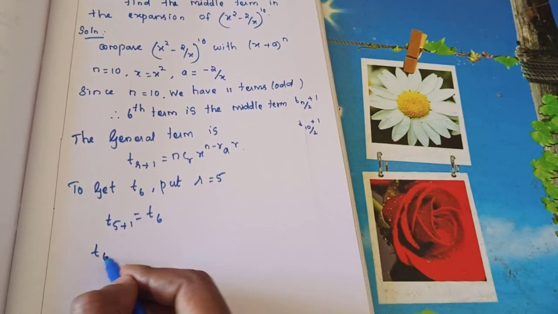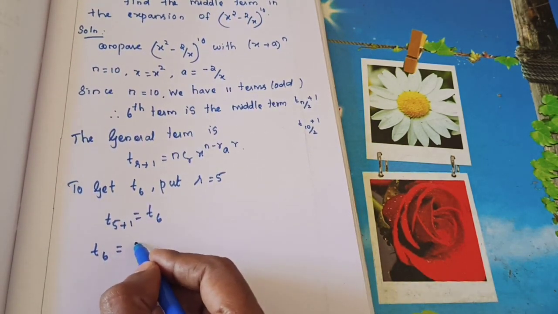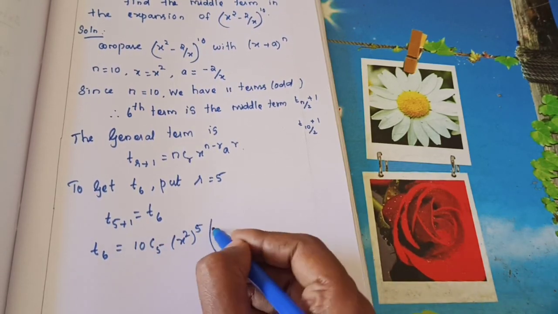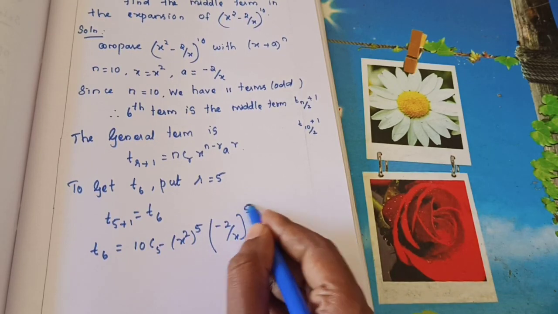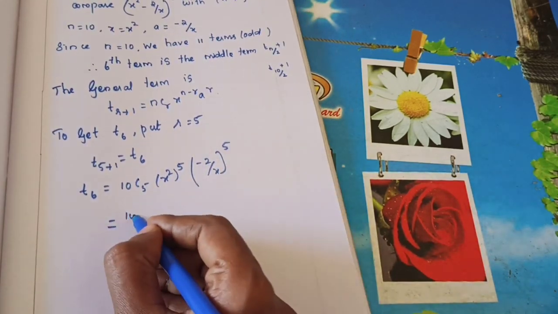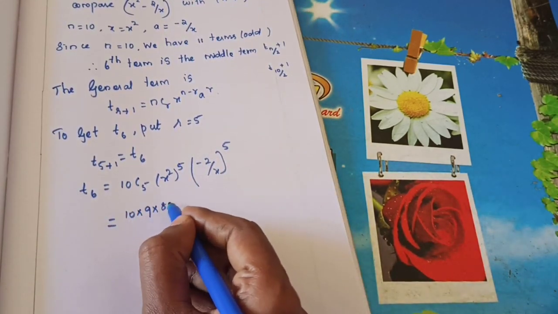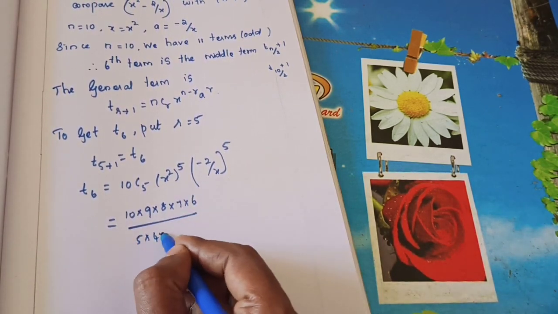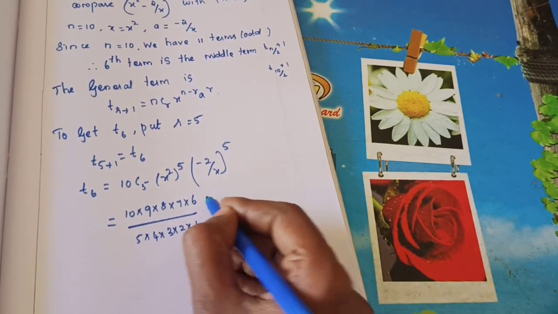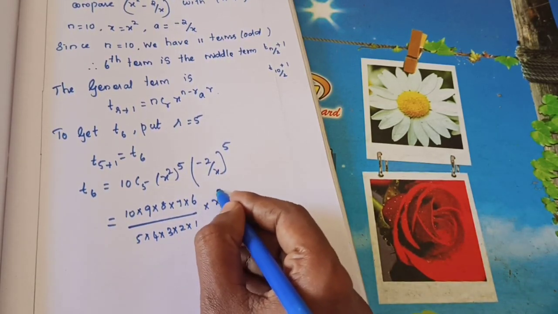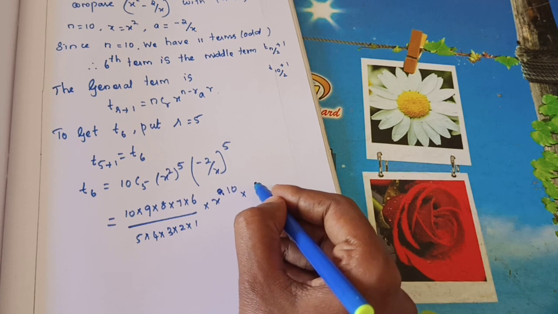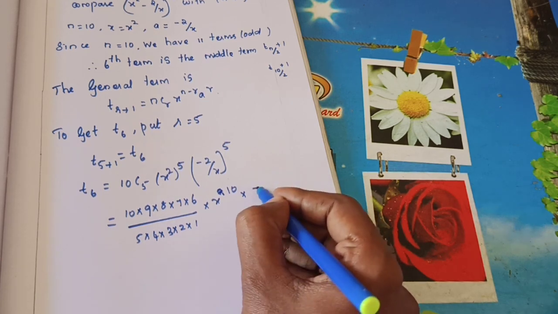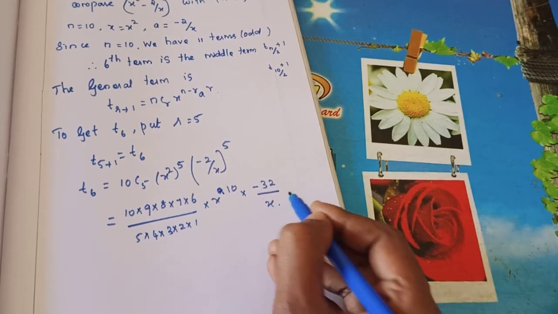Find out T6. nCr, n value 10, is it right? 10C5 times x squared to the whole power 5. Simplify. 10C5 means 10 into 9 into 8 into 7 into 6 divided by 5 into 4 into 3 into 2 into 1, into x power 10, into minus 2 power 5. 2 twos are 4, 4 twos are 8, 8 twos are 16, 16 twos are 32. That is minus 32 divided by x.